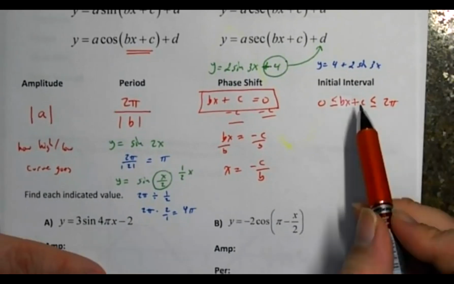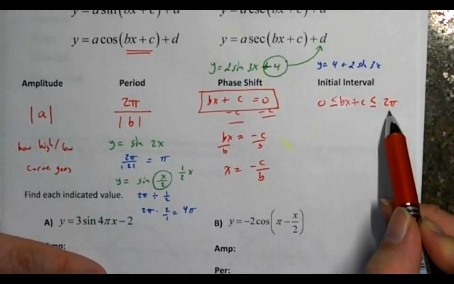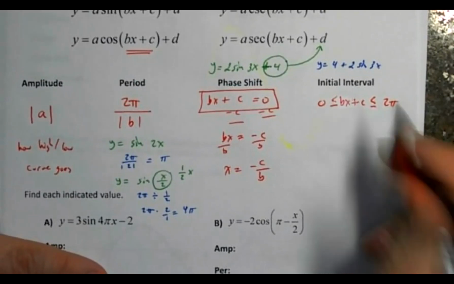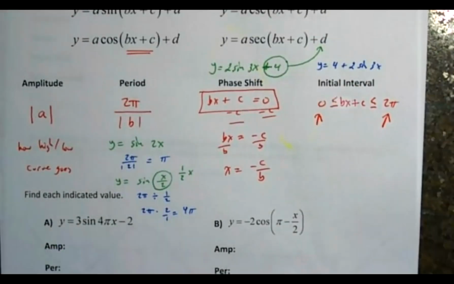What this says right now is this curve starts at 0 and ends at 2 pi. So when you start solving the compound inequality, this is going to tell you where the curve starts and where the curve ends.